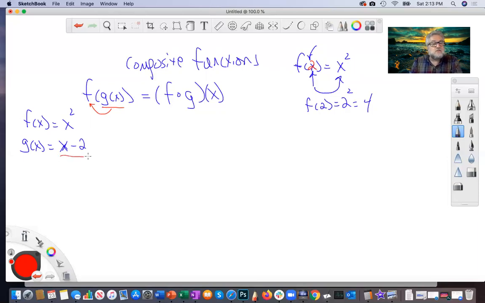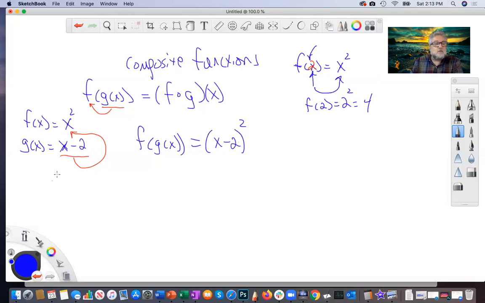I'm going to take the function g and plug it in wherever I see an x. So f of g of x is going to be x minus 2 squared. I took x minus 2 and I plugged it into the function f of x. So I replaced this x with x minus 2 and boop, I got that.